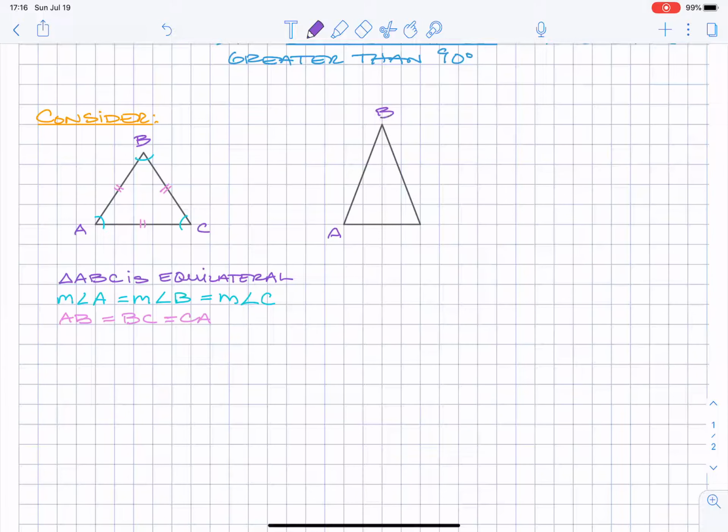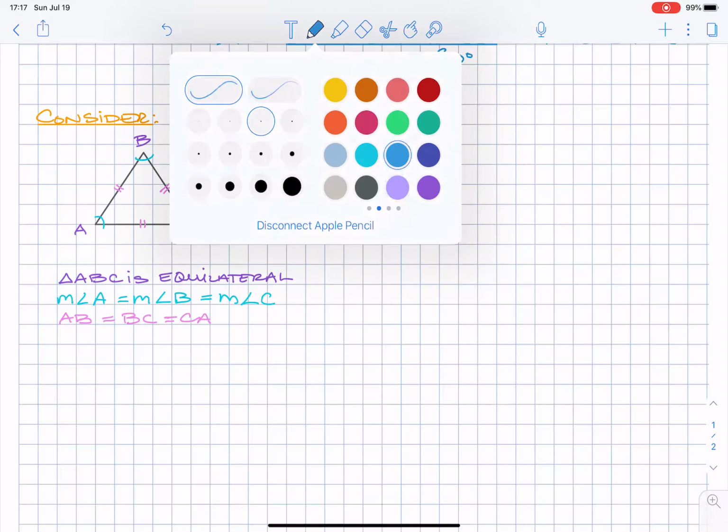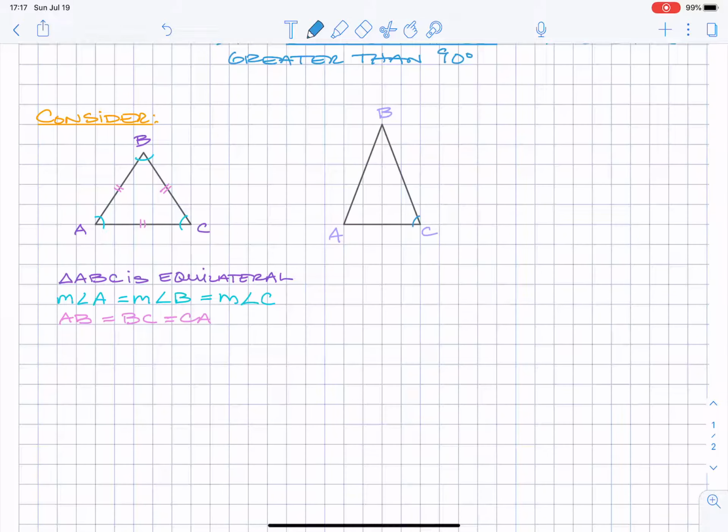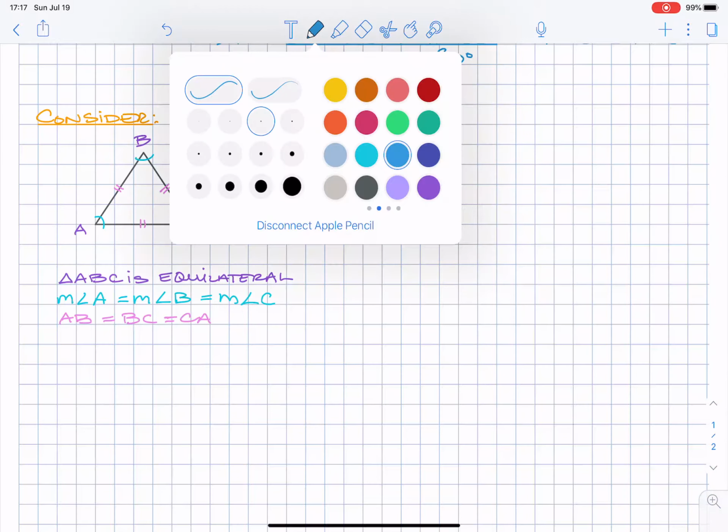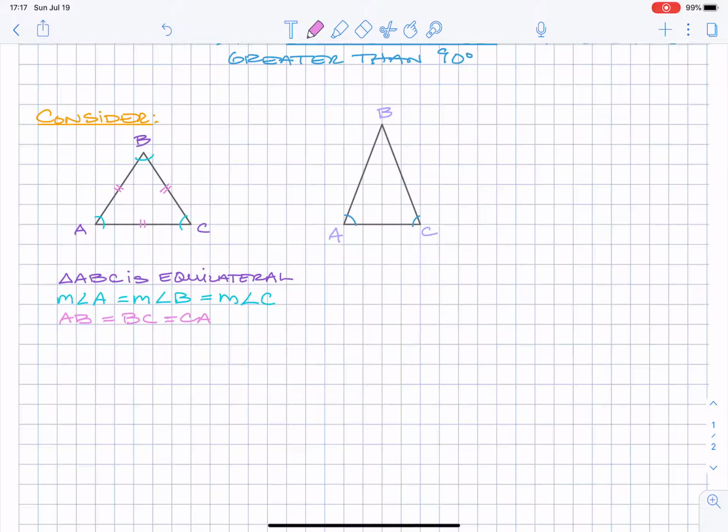I'm going to use a different color for this one, a lighter purple. So ABC. In this case, the two bottom angles are the same if the two sides have the same length.